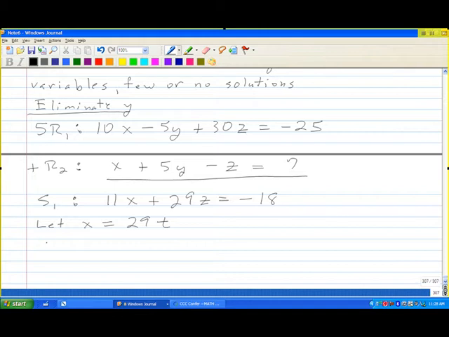If I plug this into S1, I get 11 times 29t plus 29z equals negative 18.